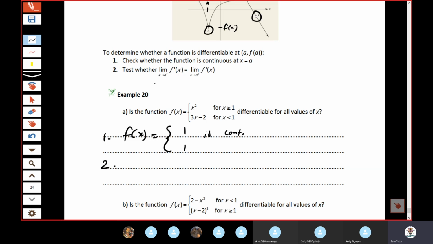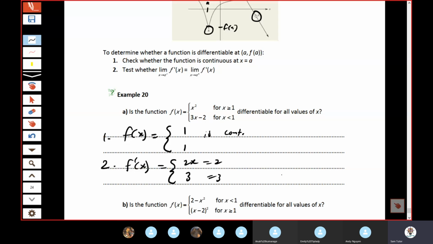Second thing is, I've got to test whether the limit at 1 for f dash of x for this one is the same as f dash of x for this one here. f dash of x is 2x, and this one's 3. When I sub in 1, you get 2.